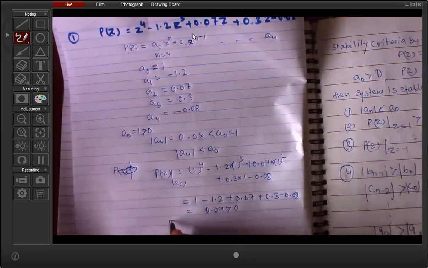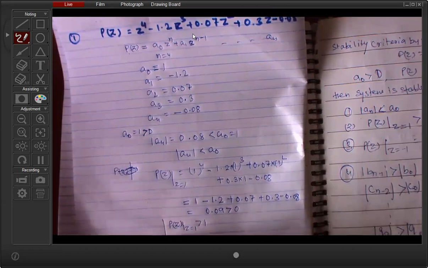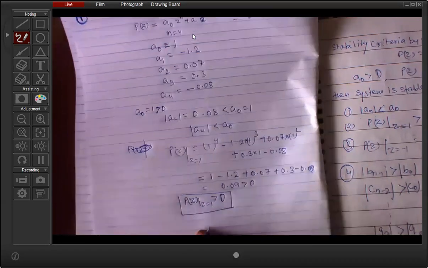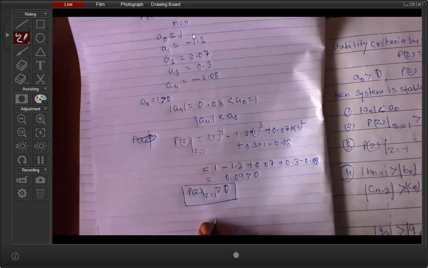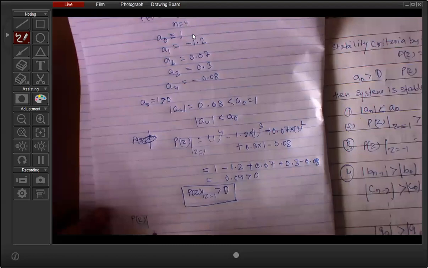So our next condition, magnitude of P(z) at z equal to 1 greater than 0, is satisfied. Any problem? No, sir.